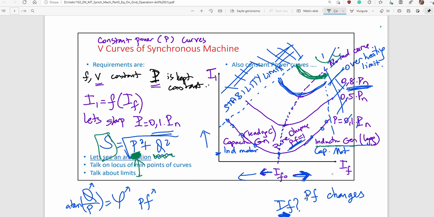For example, in over excitation, the machine operates in inductive generator mode, but if it is operated as a motor, the machine goes under capacitive operation. In under excitation, the machine operates as a capacitive generator. If it is operated as a motor, the machine behaves as an inductive motor. That is the V curves.